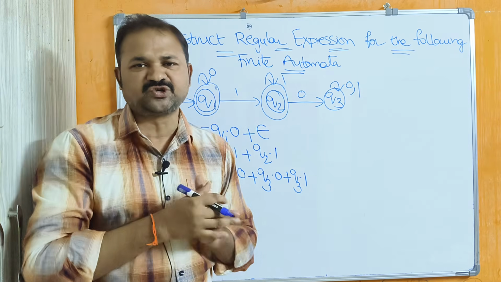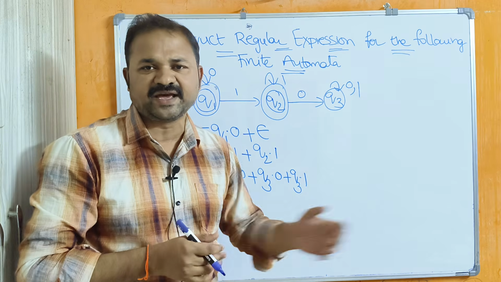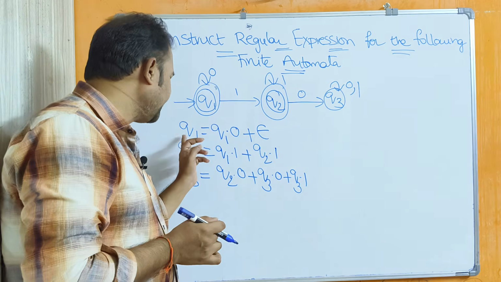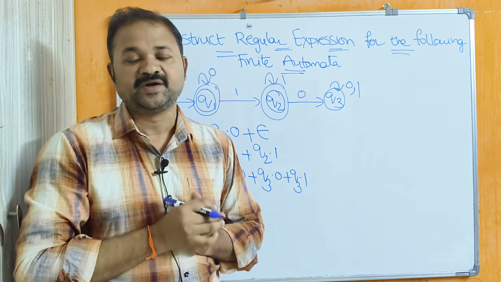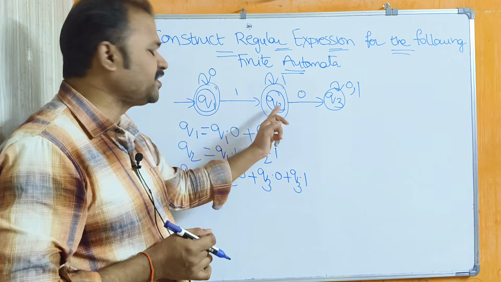So these are the first two steps. The first step is construct the state equation based on the incoming edge. The second step is add epsilon to the initial state equation. Now we have to see the third step. Here there are two final states, Q1 and Q2.